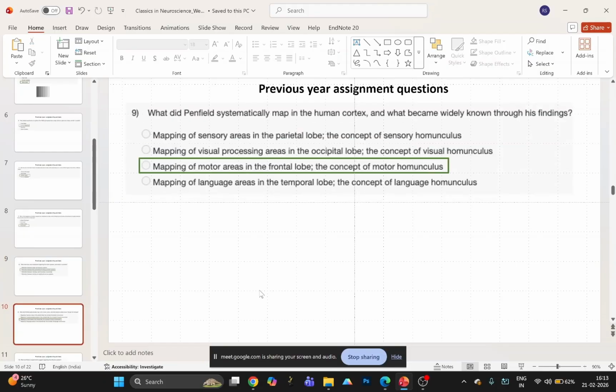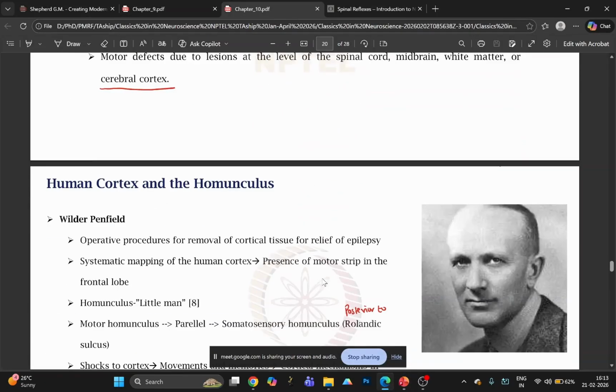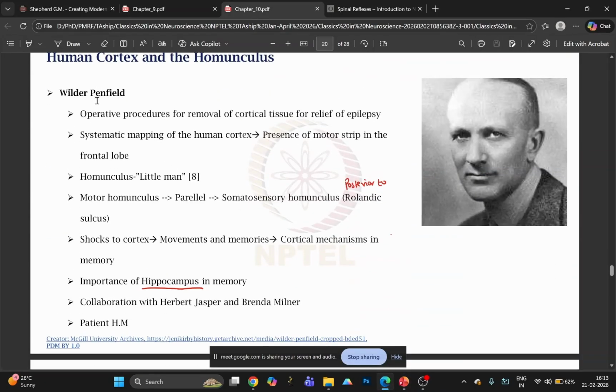Okay. What did Penfield systematically map in the human cortex and what became widely known through his findings? So, Wilder Penfield was someone who worked on several things.